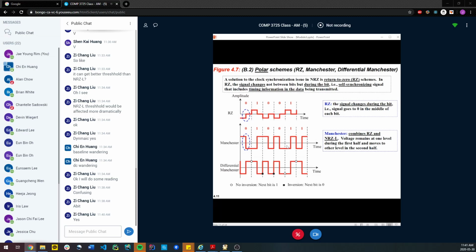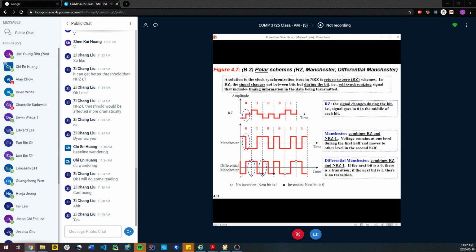But obviously, I also have the DC wandering issue. So I could also go with a differential Manchester, which is an invert scheme, where there's always an inversion in the middle of the bit, and then the boundary inversions depend on what the next bit is. If the next bit is a 1, there's no inversion. So if I'm at a high, because it's a 0, I'm going to invert.